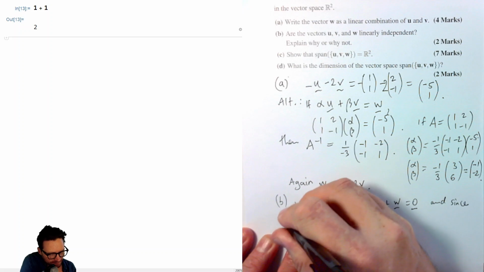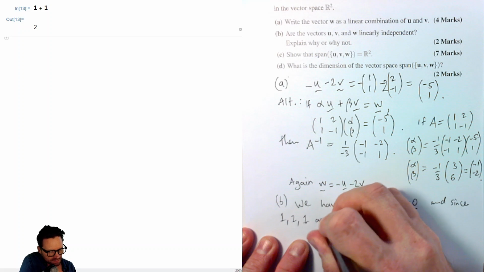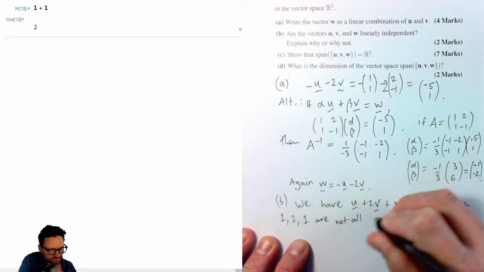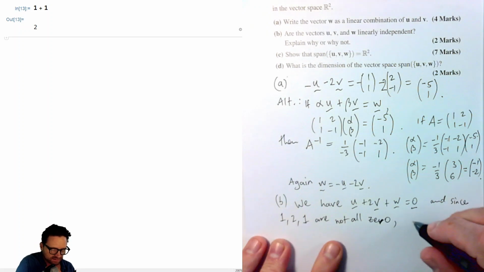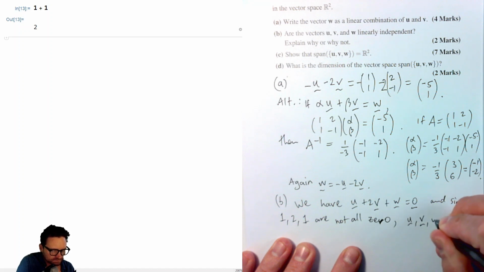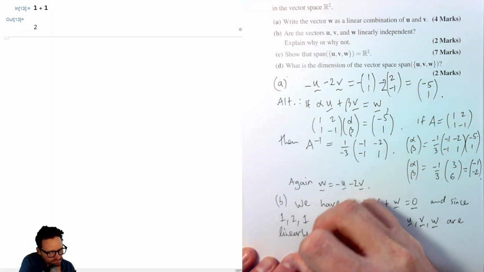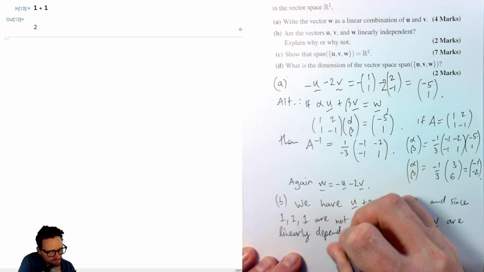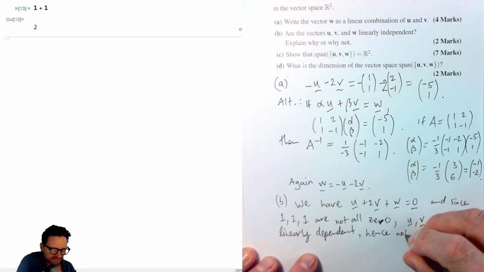And since the coefficients 1, 2, and 1 are not all 0, what we get then is that the three vectors are linearly dependent, and hence not linearly independent.